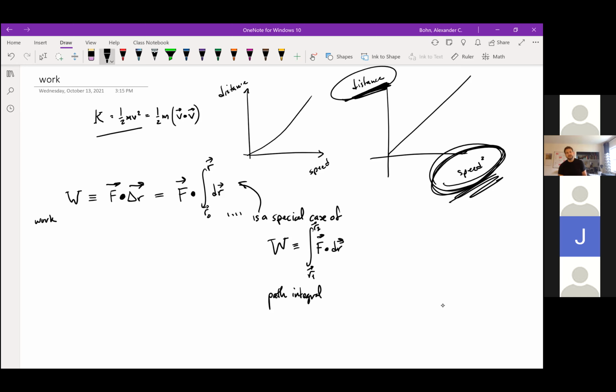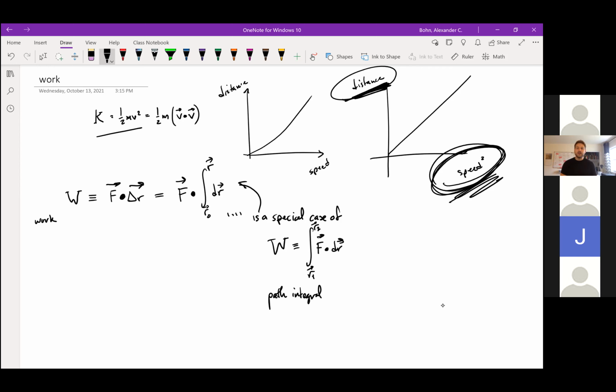Our strategy for attacking such a thing is always to unpack the dot product first and rewrite it using what we know about the dot product, either in terms of components or in terms of magnitudes and the angle between, to rewrite in terms of a single scalar variable so that we can integrate like normal, essentially.